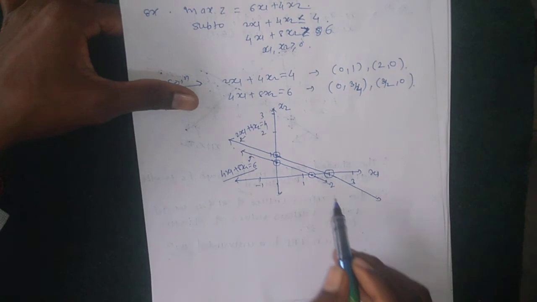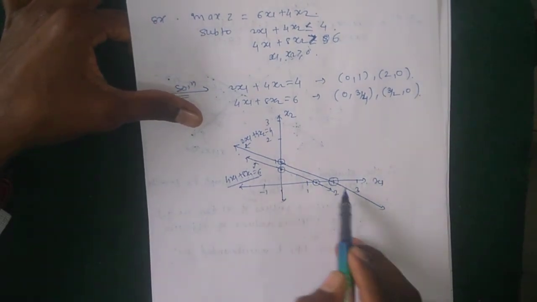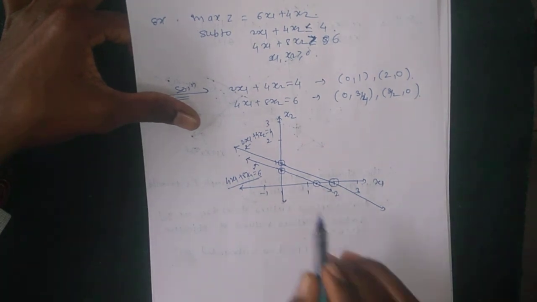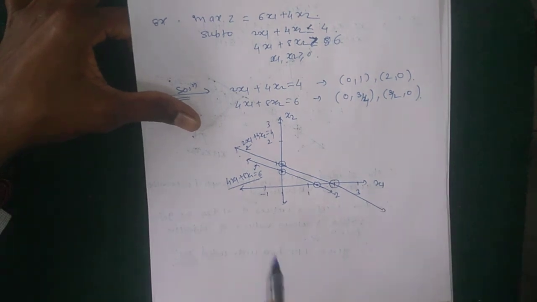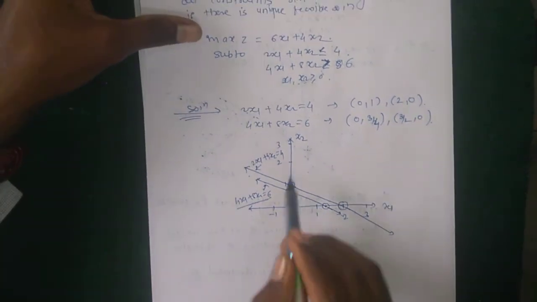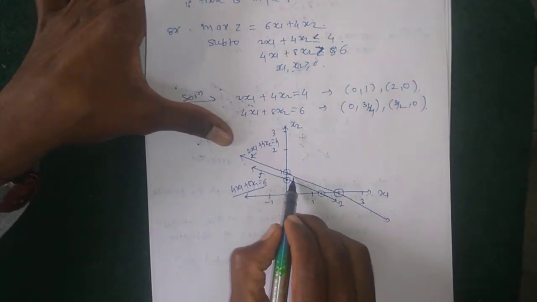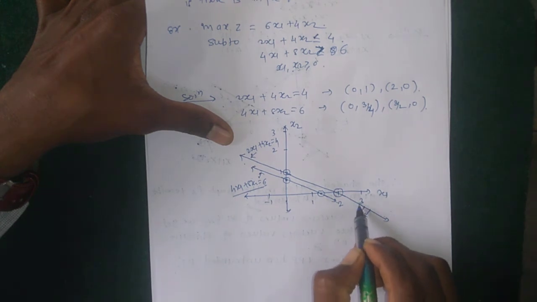If we plot them by scale, we get these two lines as actually parallel lines. The region of 2x1 plus 4x2 less than or equal to 4 is the lower side of this line.